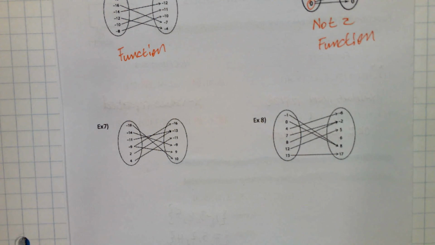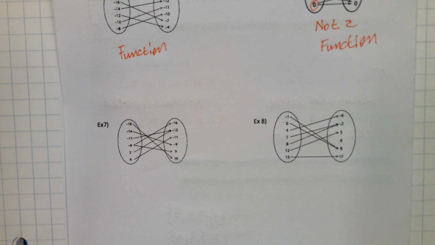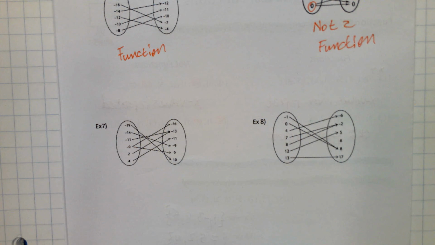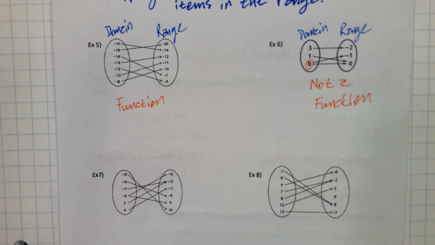Try out 7 and 8 on your own. Just identify the domain and range and function, not a function. Let's do it. Do it on your own. So just like we did before, decide the same thing for 7 and 8.